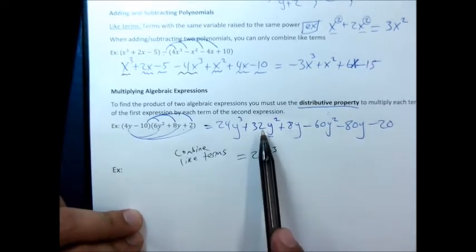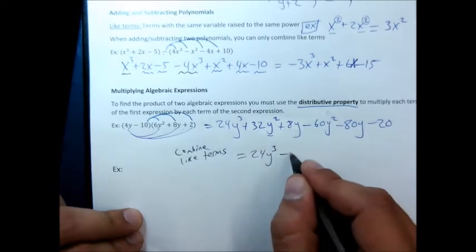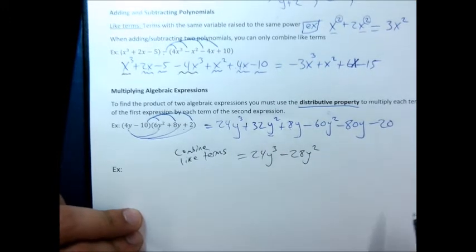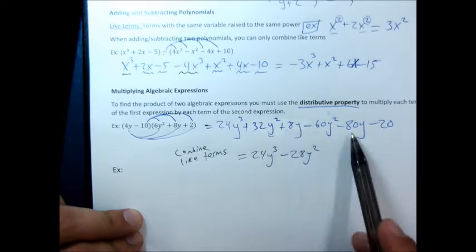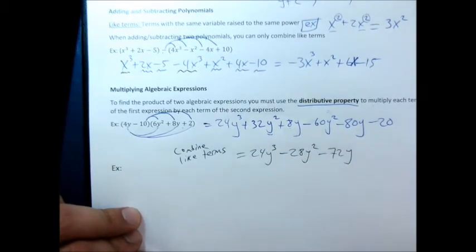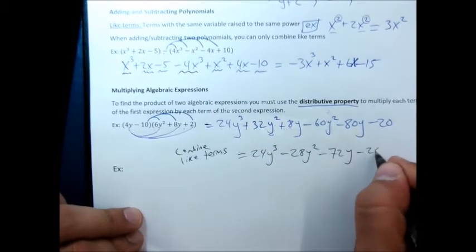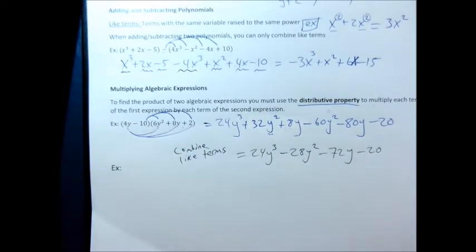We look at the squareds, we've got a 32y squared minus 60y squared. That's going to be a minus 28y squared. There's an 8y minus 80y, so that's going to be minus 72y. And then there's only a single constant, minus 20, and so we just bring that down. And that would be good.